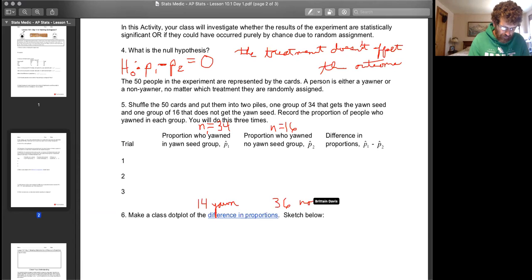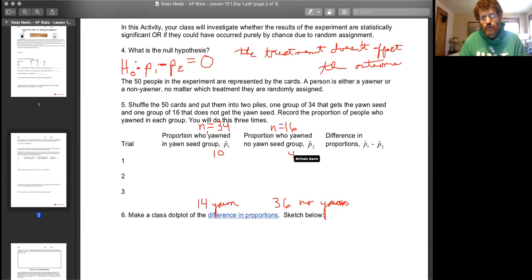So right now it doesn't matter how it was distributed. What we want to figure out, yawn, it's hard to spell yawn in cursive. That says yawn. Let's pretend it does. So we've got overall 14 people yawned, 36 didn't yawn, and now the way it was actually split up was 10 and 4.